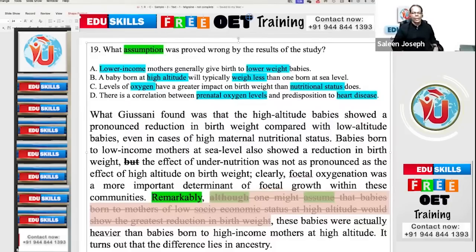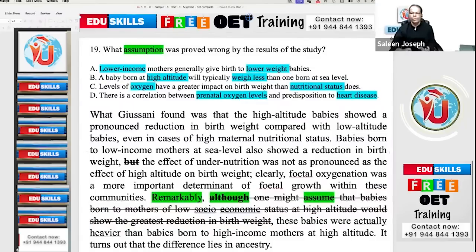These babies were actually heavier than babies born to high-income mothers. Rich mothers. Although one might assume that babies born to mothers of low socioeconomic status, meaning mothers who have less money, the kids of the poor people will have less weight. That is the assumption.